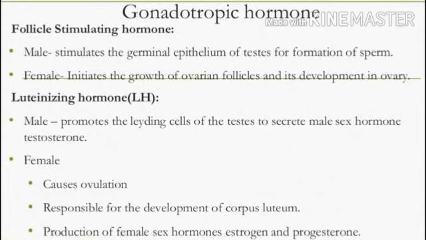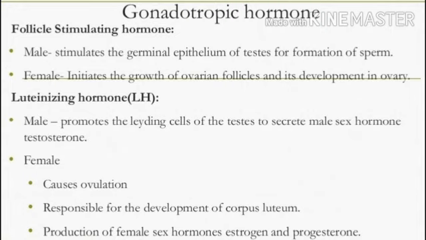The next hormone is the gonadotropic hormone, that is GTH. It comprises two hormones. They are the follicle stimulating hormone and the luteinizing hormone. And these two hormones are essential for the development of gonads. So first is the follicle stimulating hormone.